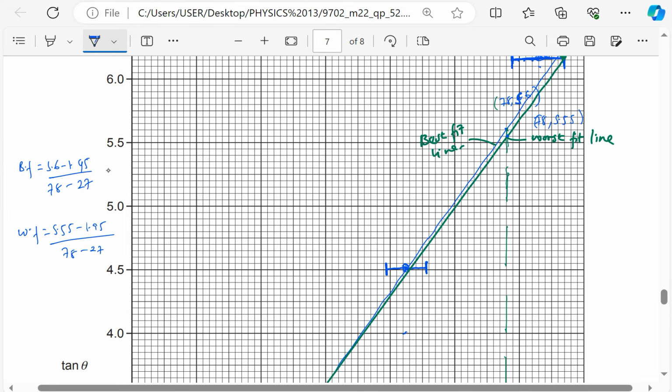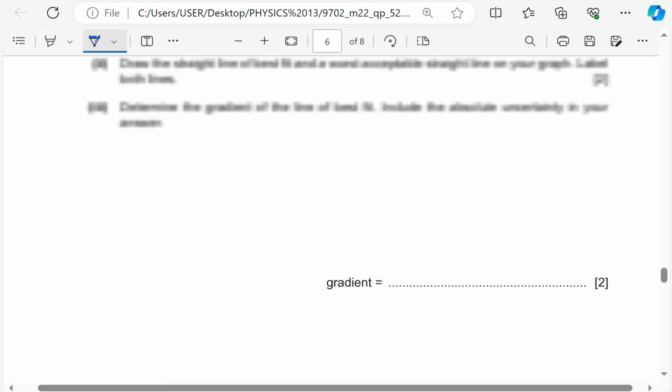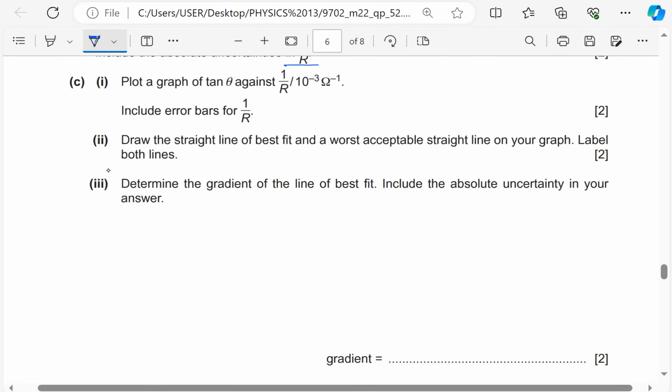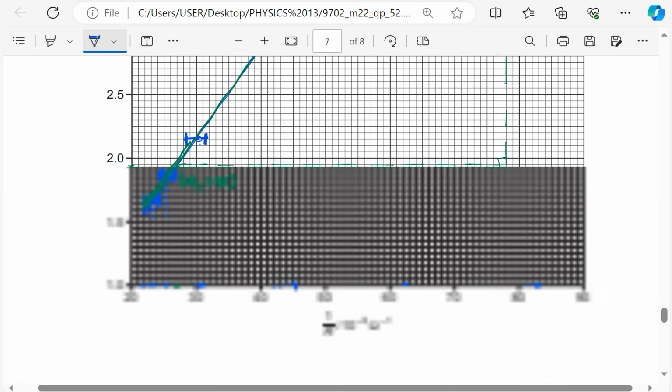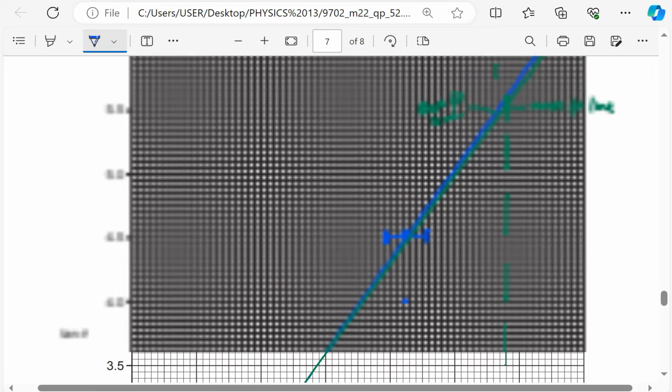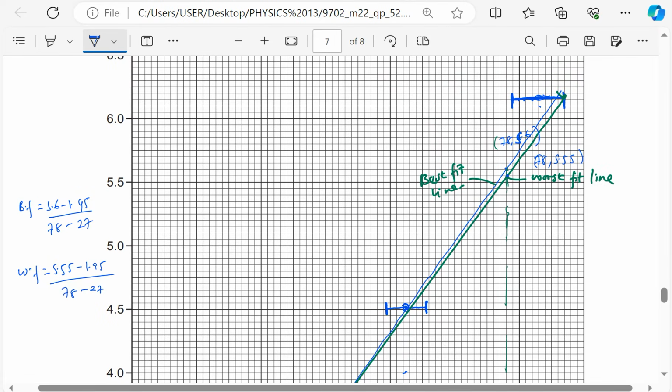Okay, let me just transfer these ones to the space provided. So you will simply say gradient of the best fit, which will be 5.6 minus 1.95 divided by 78 minus 27. Is that true? Okay.